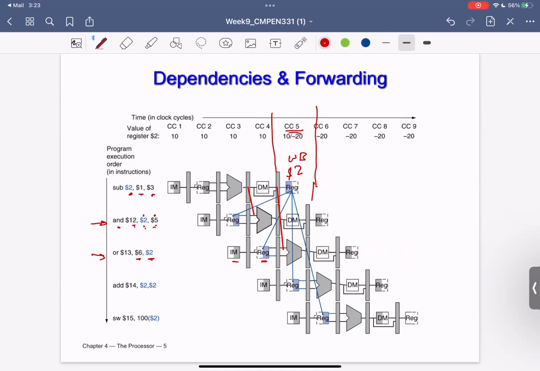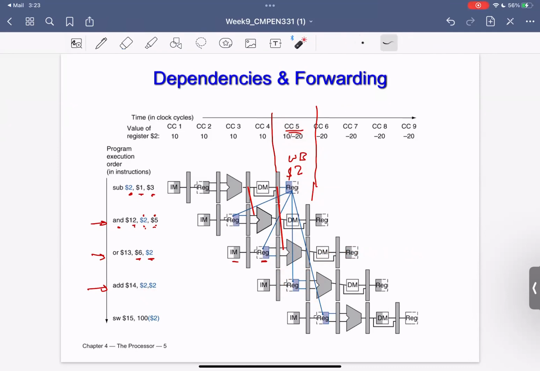How about the next one? The next one, again, is using 2 and 2. So basically here I am passing 2 and 2. Interestingly, it has been updated in clock cycle 5, and I'm also using it in clock cycle 5. The good thing is that if it is available at clock cycle 5 and I'm using it at clock cycle 5, I'm actually using the correct information.